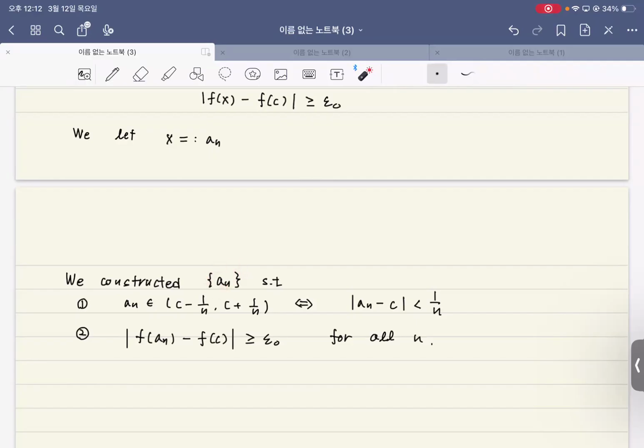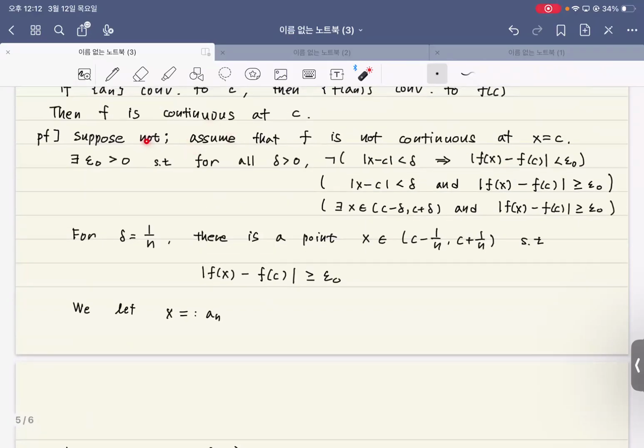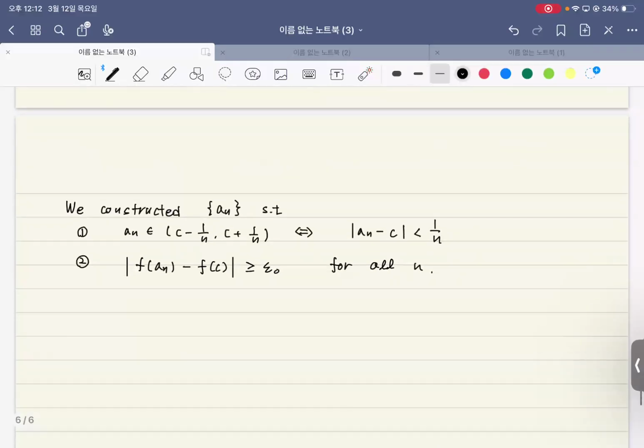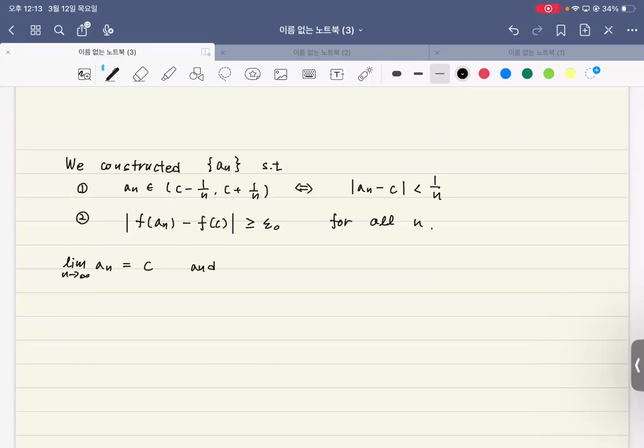The existence of this sequence is guaranteed by the assumption that f is not continuous at c. Now why is it a contradiction? Because of condition number 1, the limit of this sequence is c. But the limit of the composed sequence can never be f(c). Why?